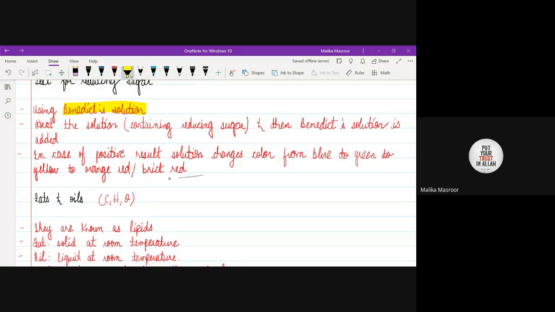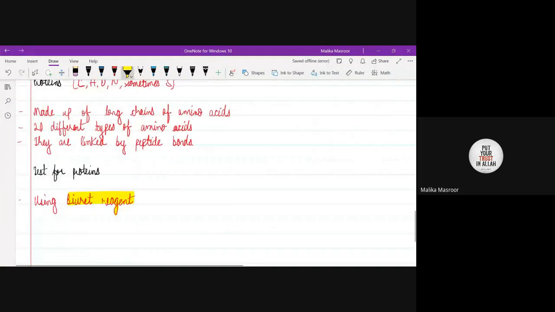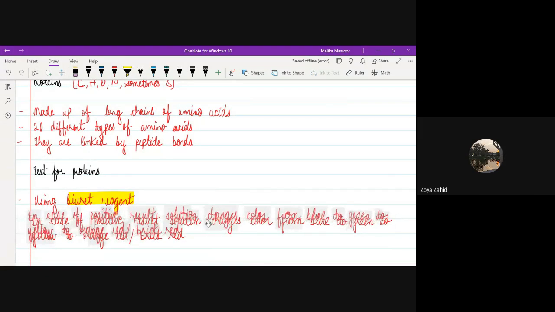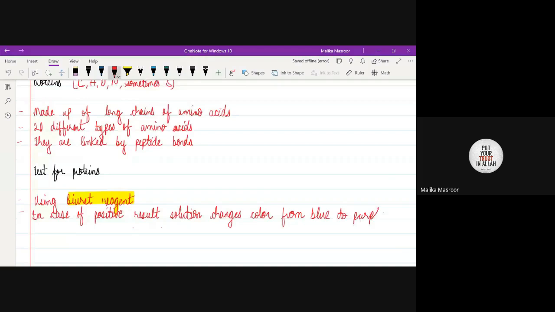It will change color from what? Blue to purple. Very good. Purple, or I can also give you violet. Same shade.